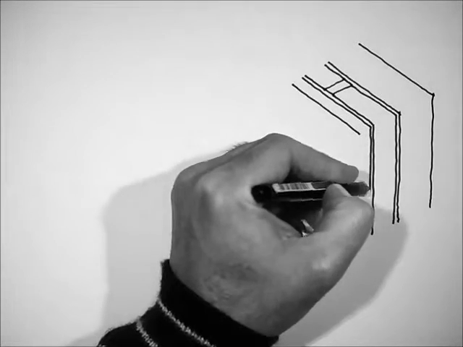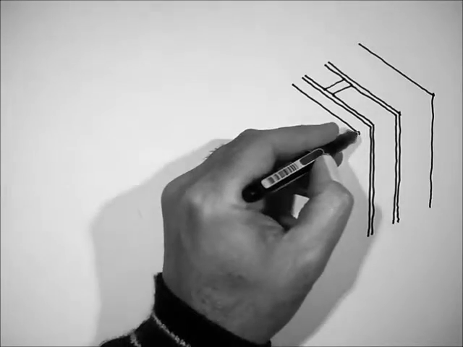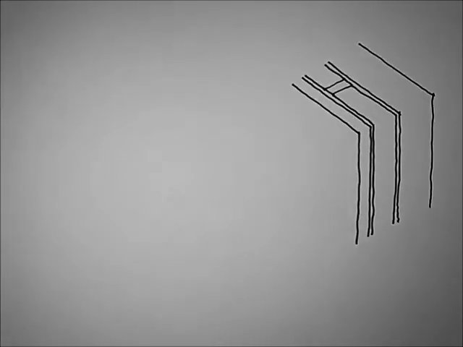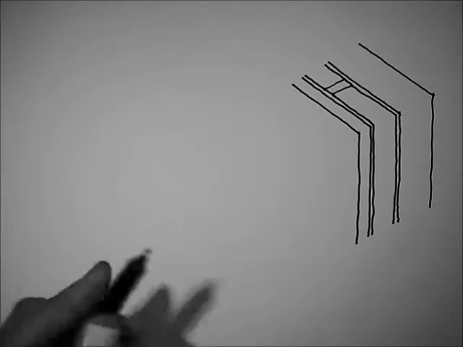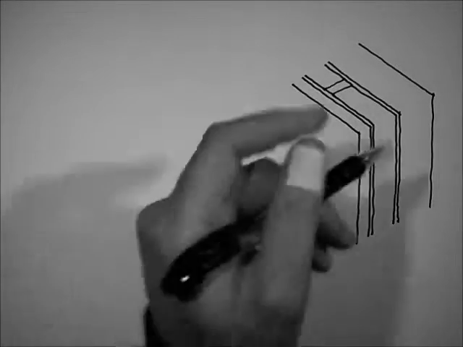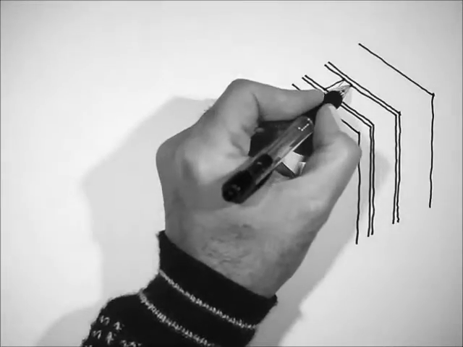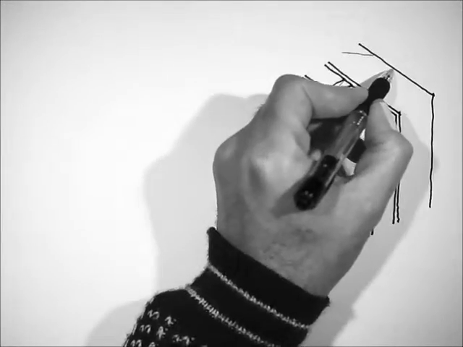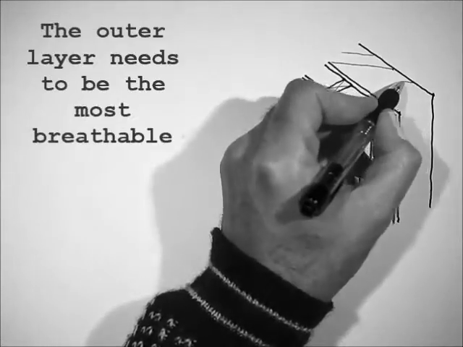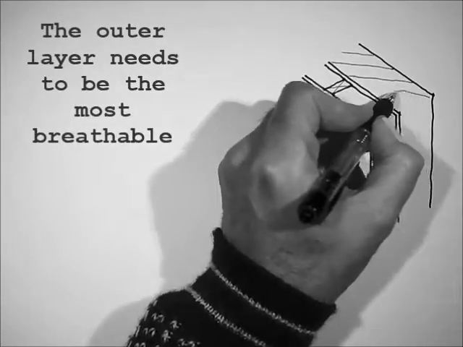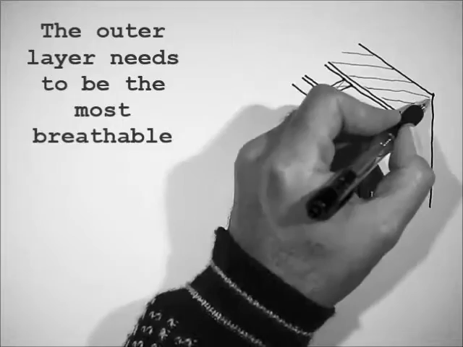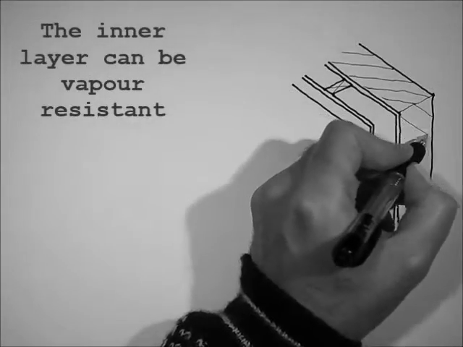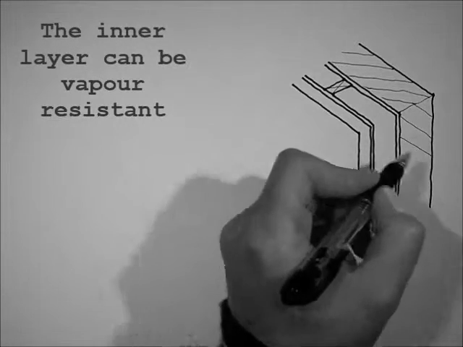The other conclusion that we arrived at was that the breathability of the different layers of the construction needs to increase as you move out through the building. In other words, the outer layers need to be the most breathable. The inner layers can have a high resistance to vapor.